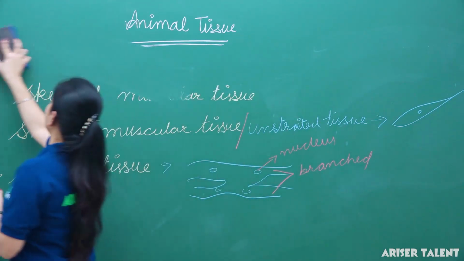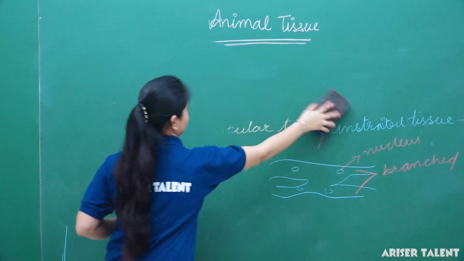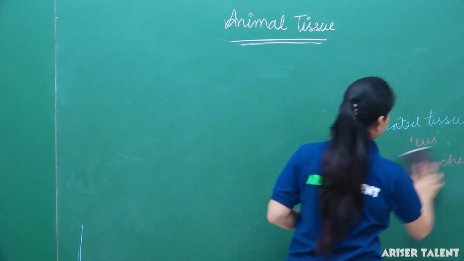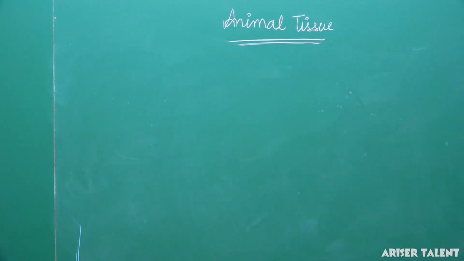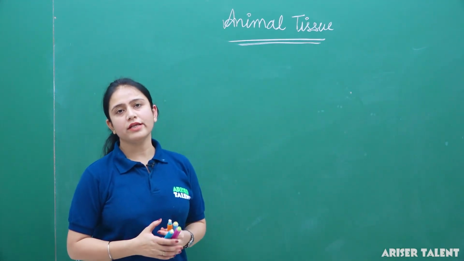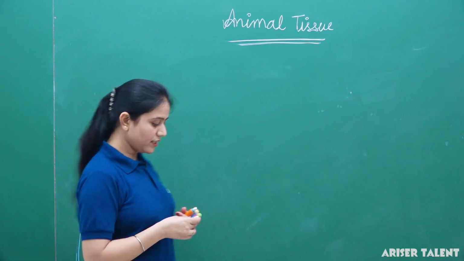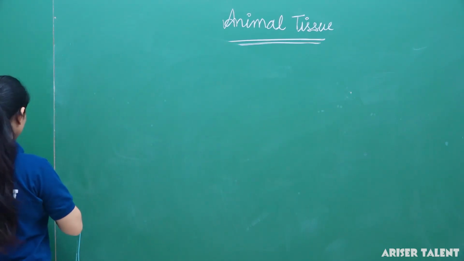Next is connective tissue. Connective tissues connect the different tissues together, or muscles to the bone. That's why they are known as connective tissue.